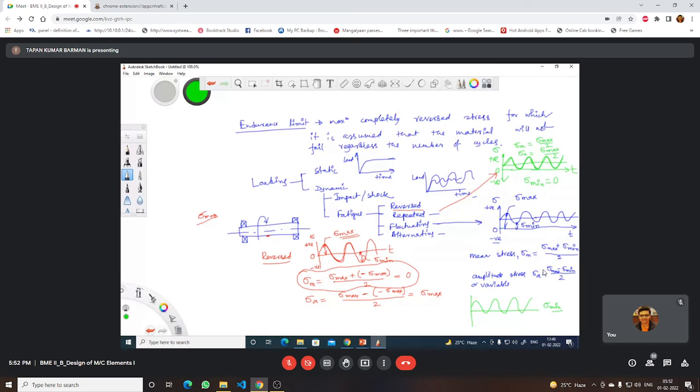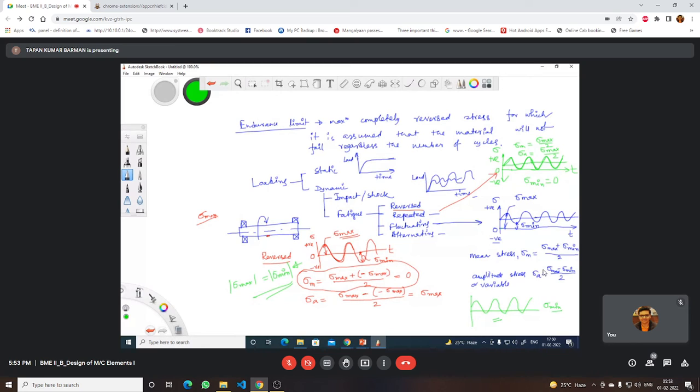Sigma max is not sigma min. For repeated loading, reverse loading, this is the case, but it's not same for this alternating loading. In alternating loading, some part of the stress value may be negative. Okay, so accordingly you can use the expression to calculate mean stress and amplitude stress there.